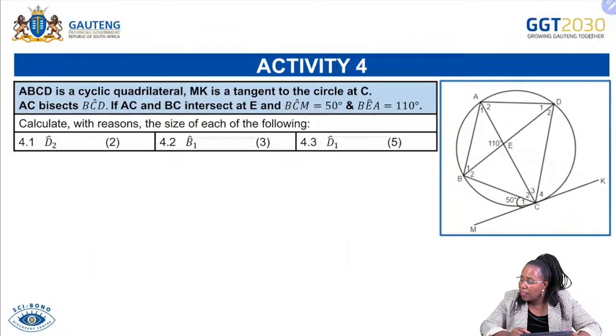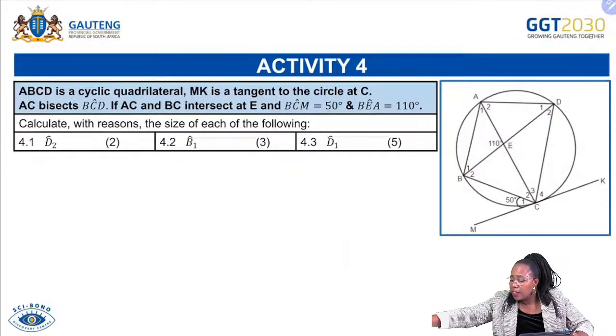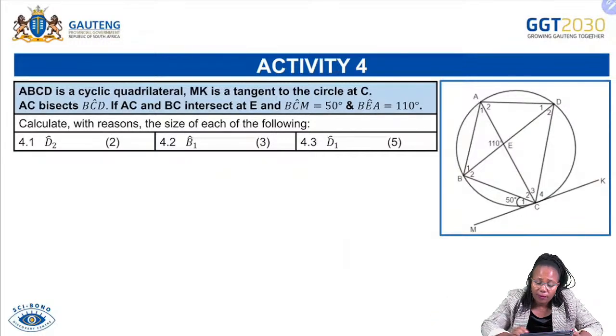And then now with the next activity, grade 12, A, B, C, D, it's a cyclic quadrilateral. Check that the vertices must all touch the circumference. It's a cyclic quad, therefore cyclic quad theorems are applicable. MK is a tangent, therefore tangent theorems are applicable. AC bisects, to bisect is to cut into two equal parts.